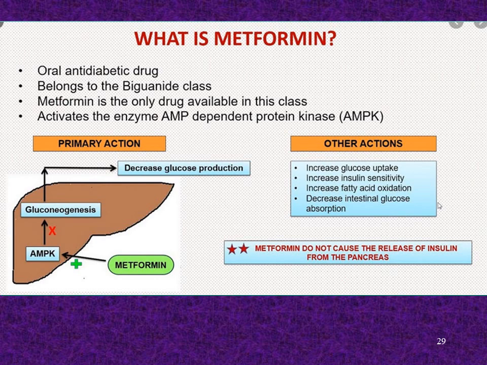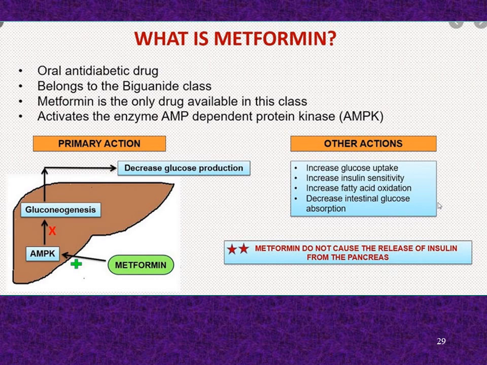Gluconeogenesis is inhibited by AMPK, and metformin activates this step, so the primary action is decreased glucose production. Remember, the site of action is the liver, it inhibits gluconeogenesis, and it does so because it activates AMPK.